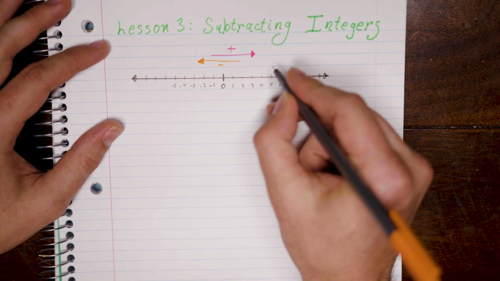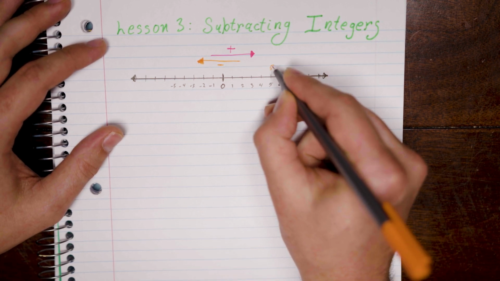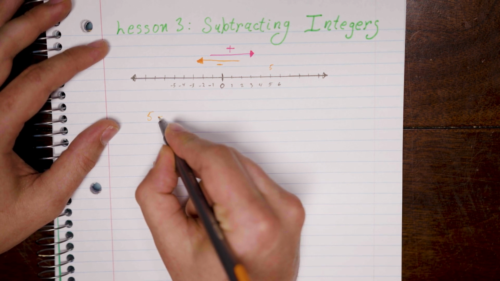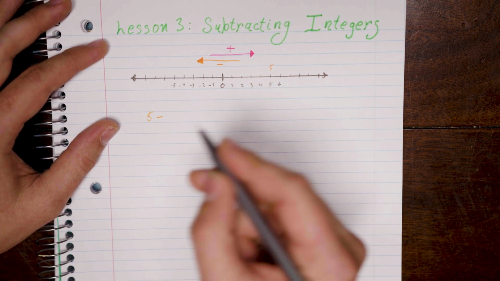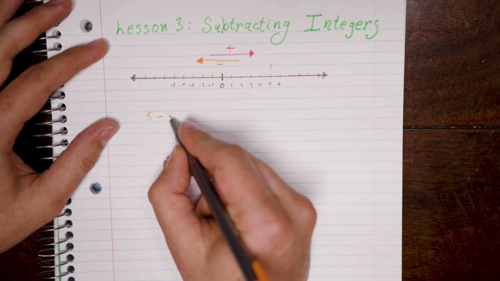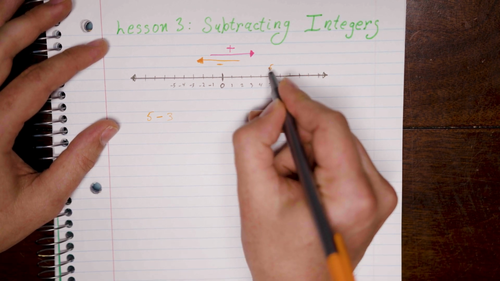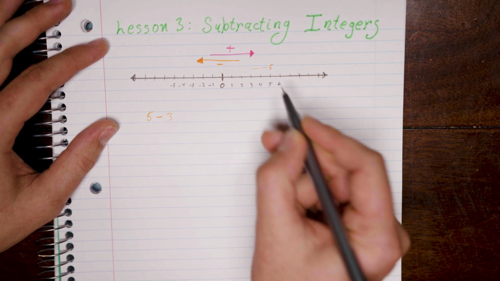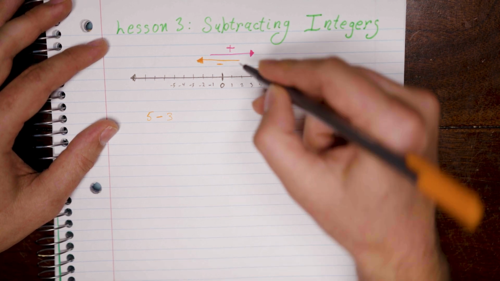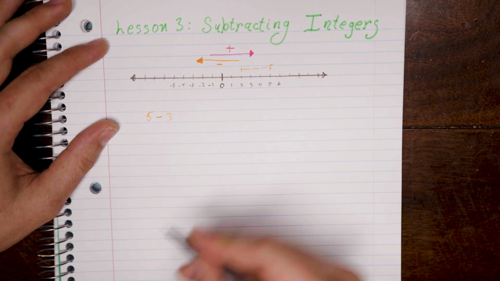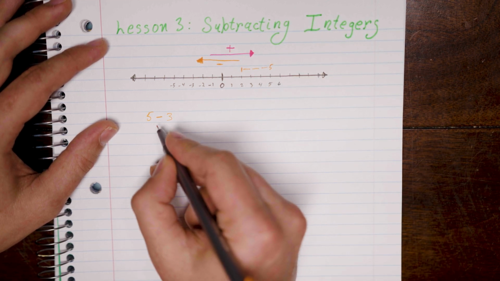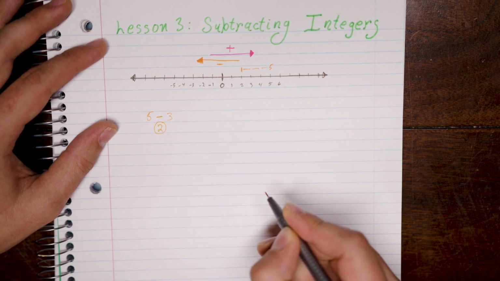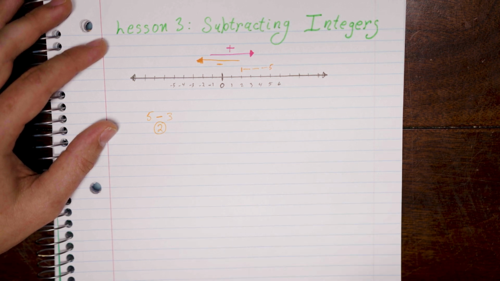So if I have, say, a 5 and I want to subtract a 3, right? Then we're going to move on the number line. We're going to move 1 space, 2 spaces, 3 spaces, and we're going to end up right here. So 5 minus 3 is 2, right? Really, really, really straightforward.